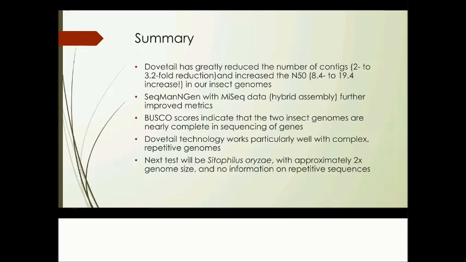And we are pretty happy with being able to combine Sequel Engine with the MiSeq data in order to even get better metrics, we believe. And the BUSCO scores were good, and we think that the Dovetail technology is particularly suited to work with these complex repetitive genomes that many of you are working with, I think, too.